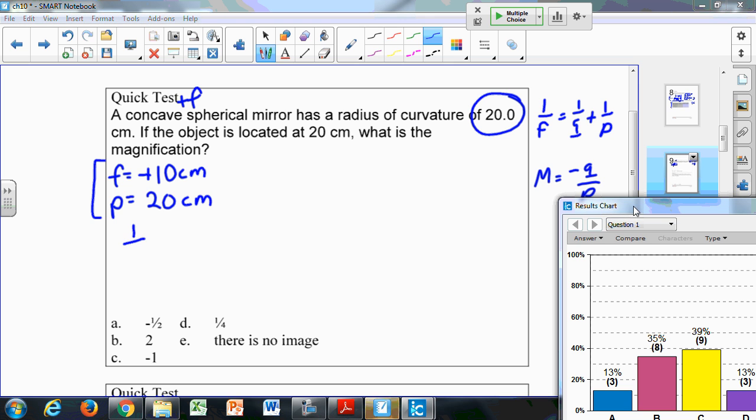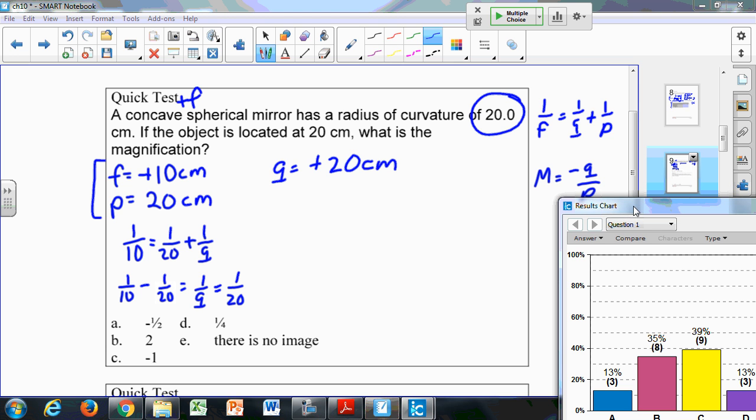I say 1 over 10 is equal to 1 over p, that's 1 over 20, plus 1 over q. Then I have to solve this for q. So 1 over 10 minus 1 over 20 equals 1 over q. 1 over 10 is 2 over 20, so this is equal to 1 over 20. I invert both sides, and I find that q is equal to positive 20 centimeters.